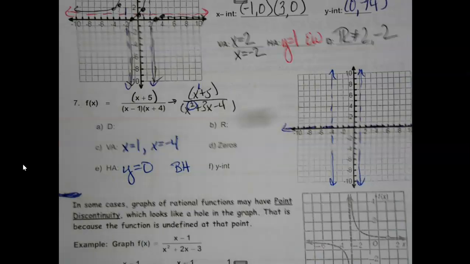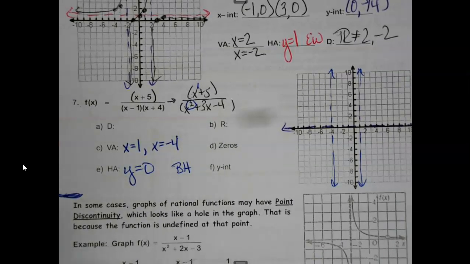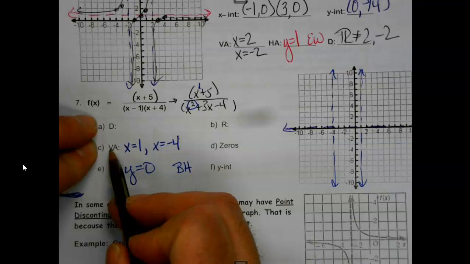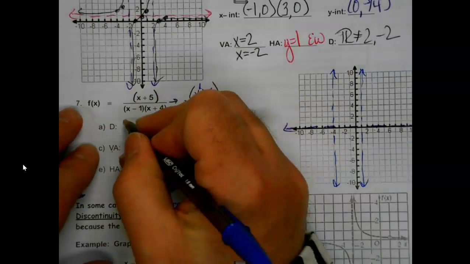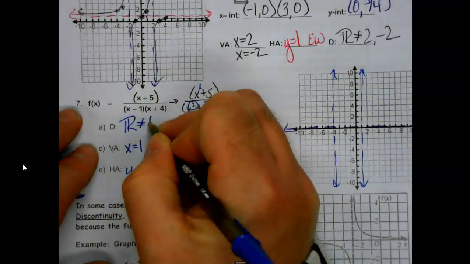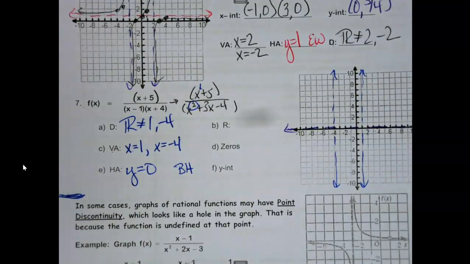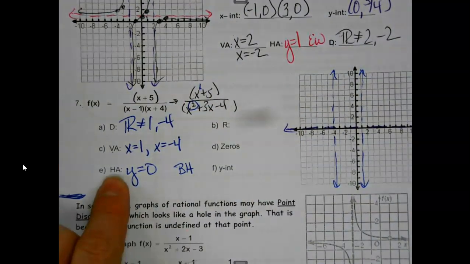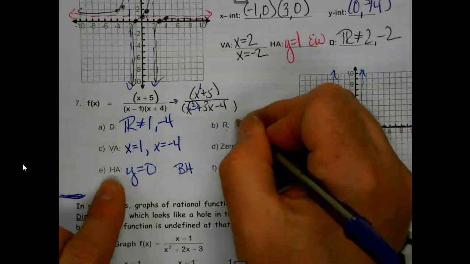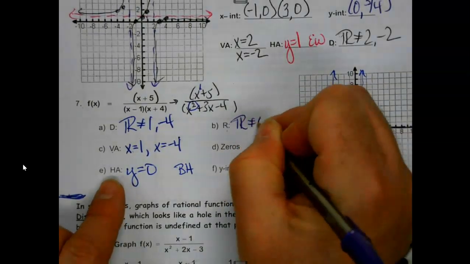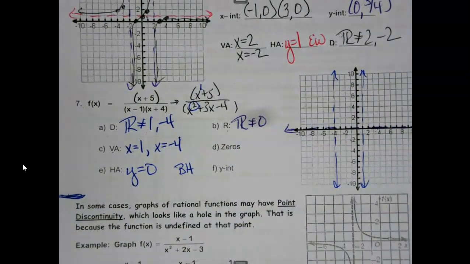But once you survive that portion, again, vertical asymptote is x, so is domain. Knock those out. Horizontal asymptote's y, so is range. Get those knocked out. So then we're like, all right, let's see what else we got here.